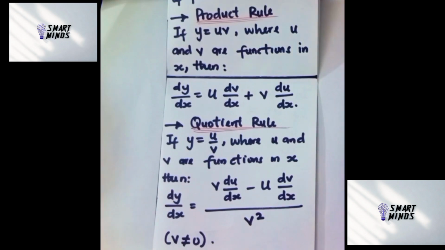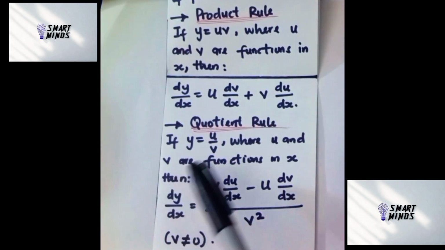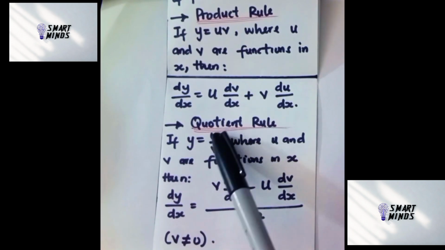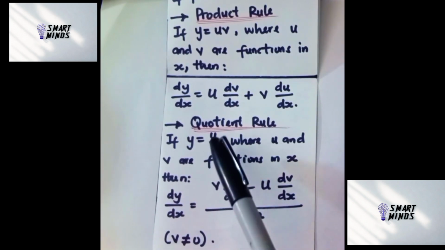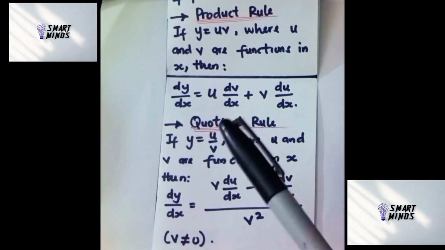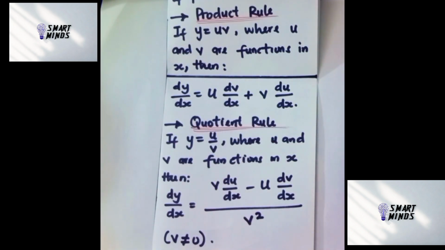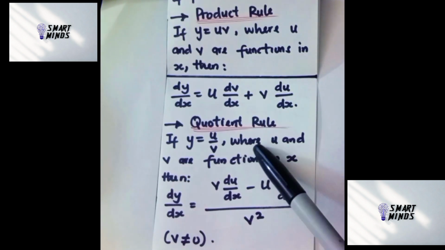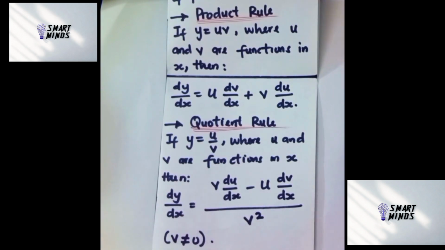And lastly, for quotient rule, the formula to use is: if y equals u over v, you can see that quotient rule is unlike product rule. Product rule is where you are multiplying two functions u and v. But in quotient rule, we are given the function of y as two separate functions in fraction format, or you are dividing them.